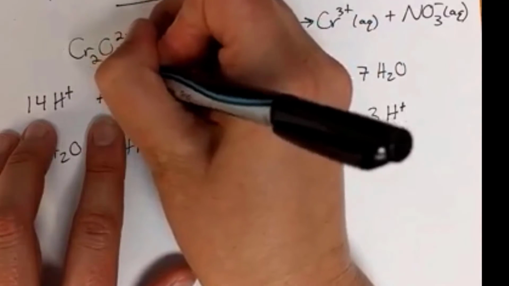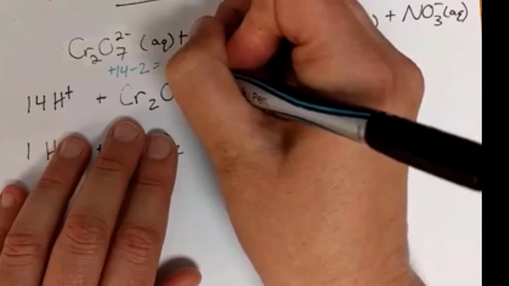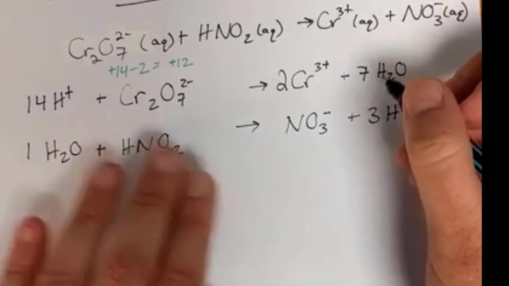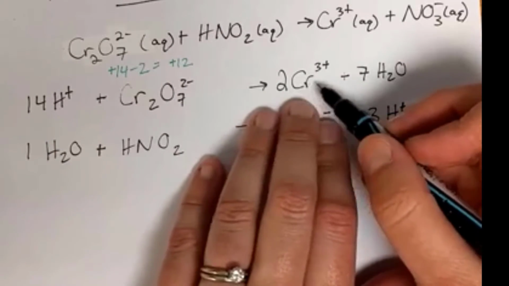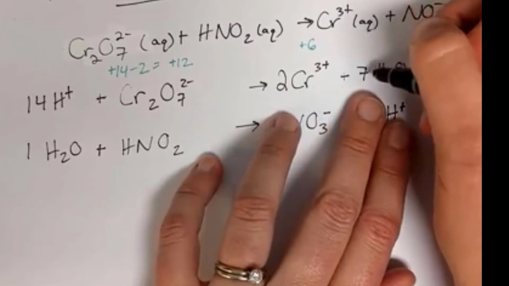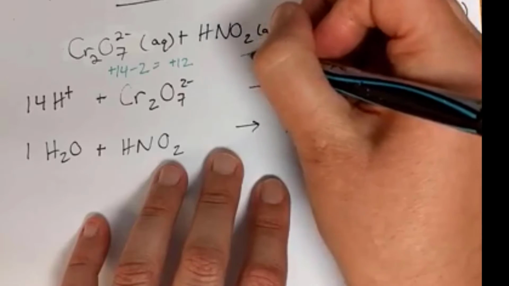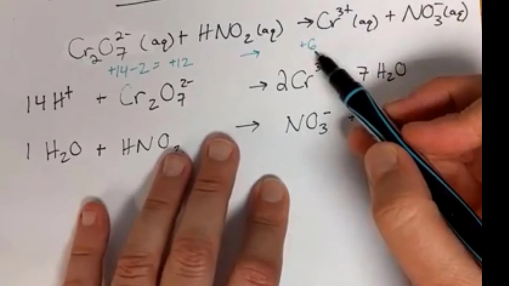So plus 14 minus 2 gives me a total net charge of plus 12 on this side. Over here, I have 2 times 3 gives me a positive 6 plus 0, so plus 6 on this side. So I'm basically going from plus 12 to plus 6.